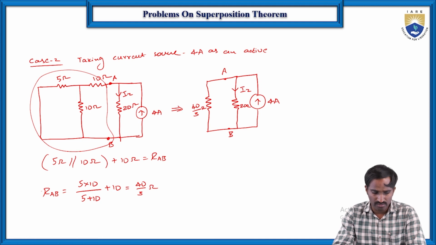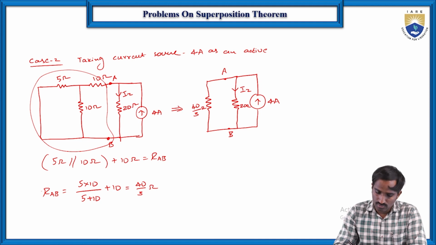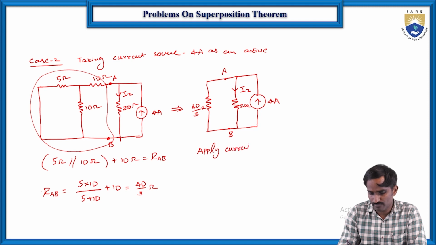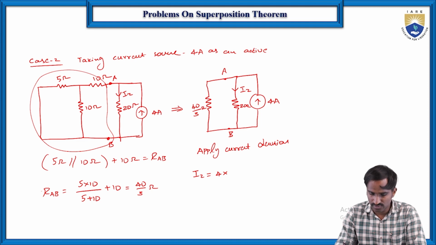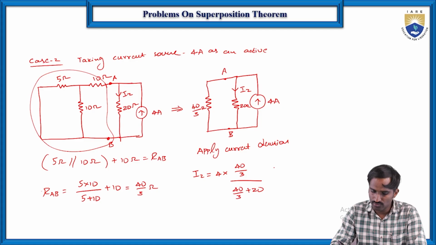Then by simply applying the current division rule, the current flowing through this 20 ohms resistor, I2, is equal to the total current, 4 amperes, into the opposite resistance, which is 40 by 3, divided by the total resistance, which is 40 by 3 plus 20.